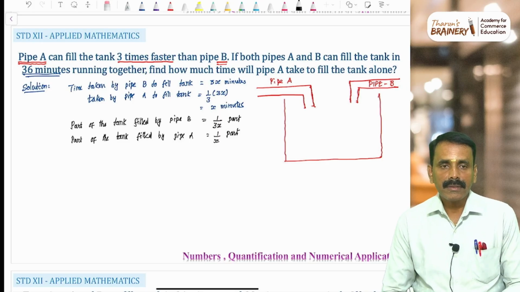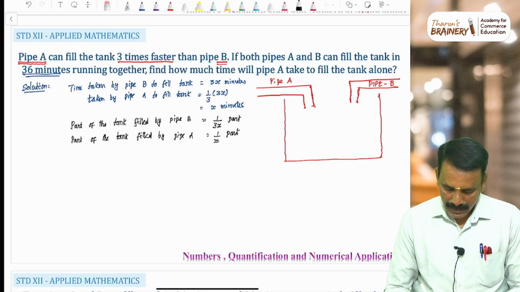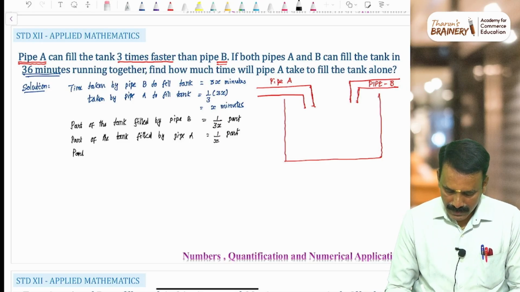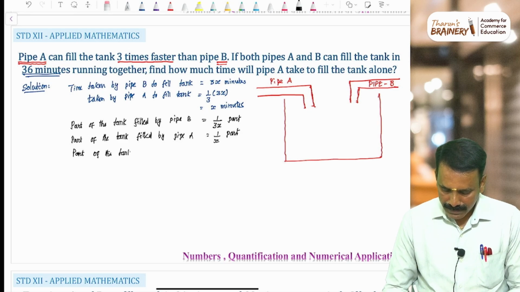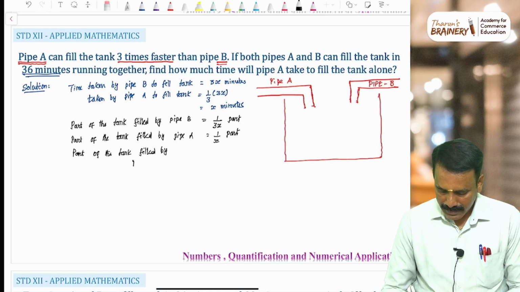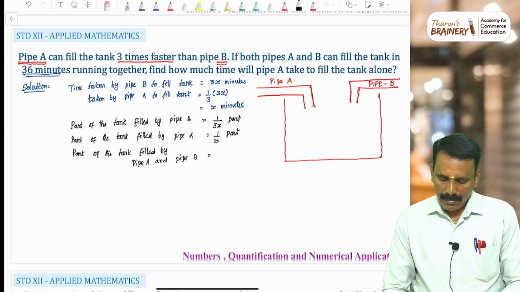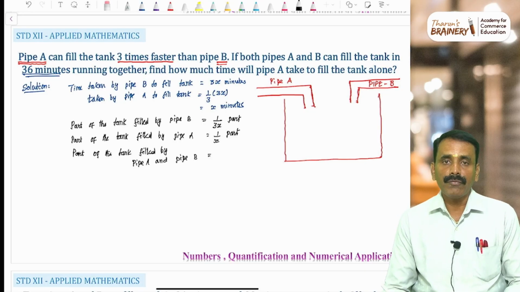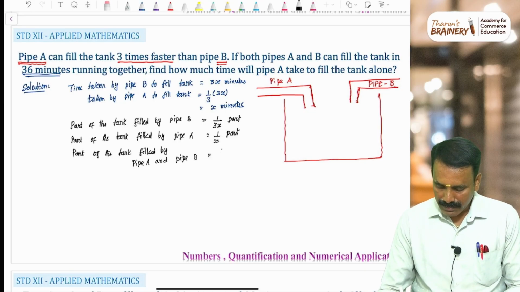Now both the pipes are operated together. So part of the tank filled by pipe A and pipe B will be equal to, because both are operated together and both are going to fill the tank, we are going to find the sum, 1 by 3x plus 1 by x.